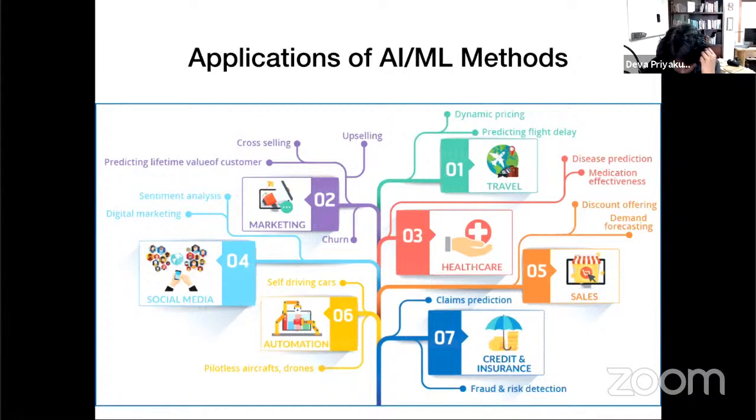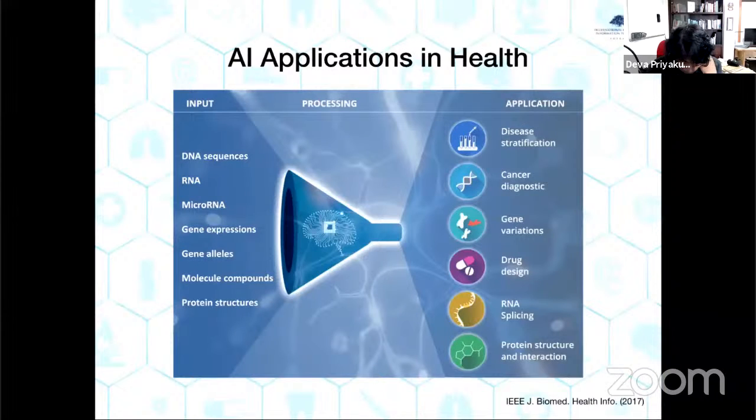And then in a lot of other places we see it. Today we are going to discuss a little bit of healthcare. I will introduce how AI methods can play a role in healthcare as a whole, and then we will worry about drug design a little later. So that's the space we're looking at.